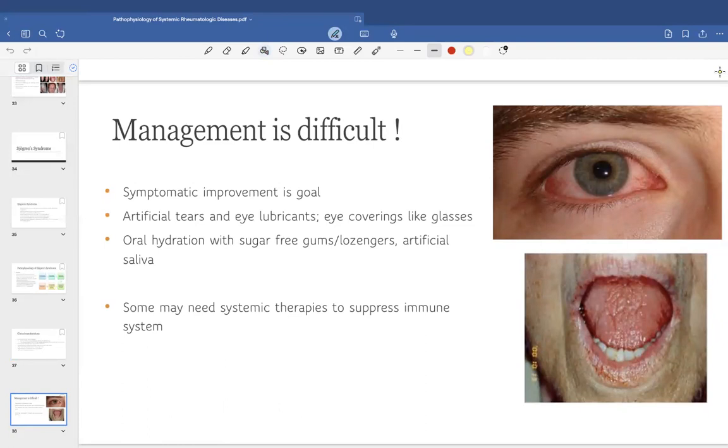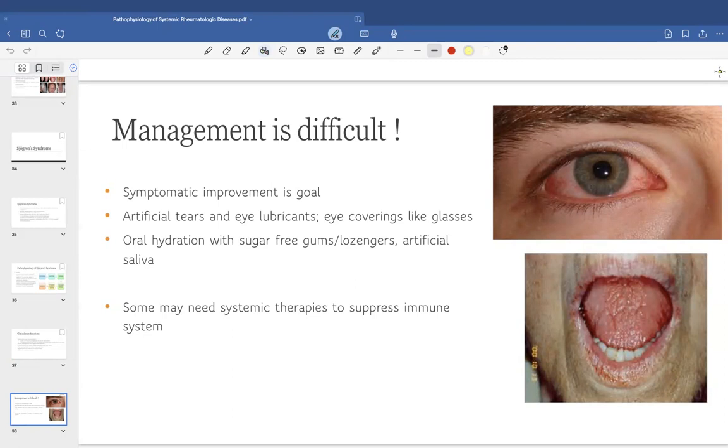At one point, we only had artificial tears to artificially lubricate the eyes, and glasses to cover the eyes to protect them from air drying out the mucous membrane, and hydrating, using sialagogues, like just keeping the mouth moist with lozenges and things like that, artificial saliva.